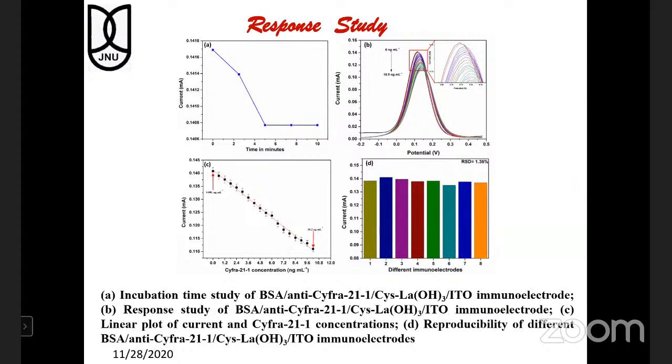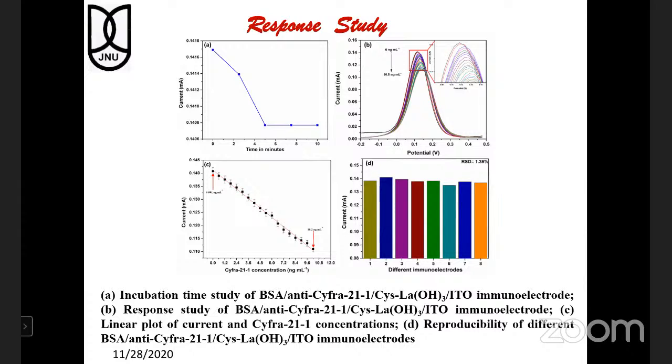It is stable. So it indicates that 5 minutes is sufficient time for the binding of the antibodies with the analyte. Graph C shows different concentrations of the analyte added onto the electrode surface, with an incubation time of 5 minutes.